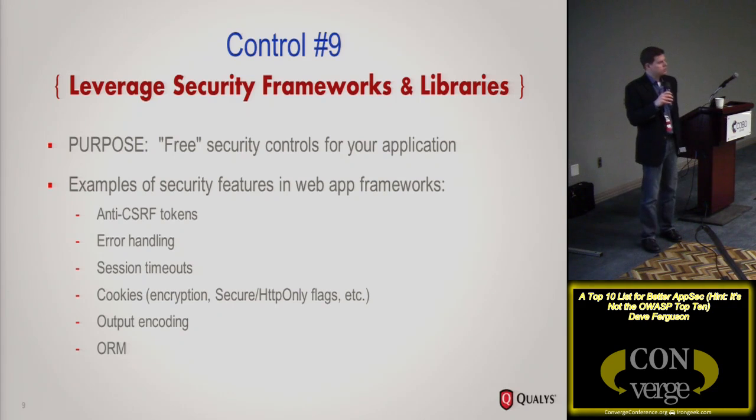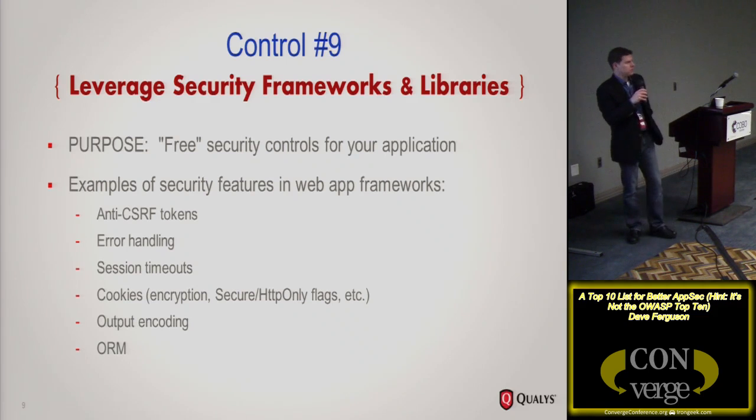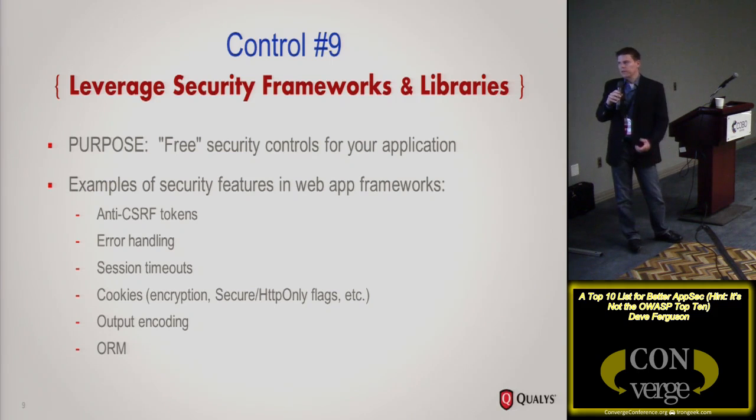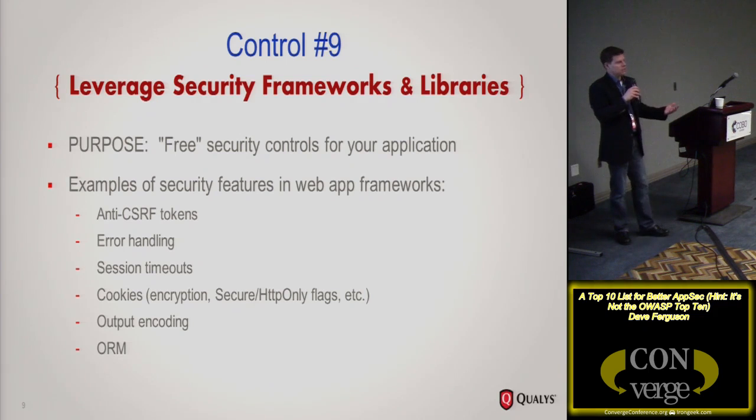Output encoding: a lot of the frameworks, when you're writing an HTML page, will automatically encode the output to prevent cross-site scripting. And ORM would be object relational mapping. So that's a SQL injection defense. Many of the development frameworks provide that out of the box, and Hibernate would be one. You can be protected against SQL injection.